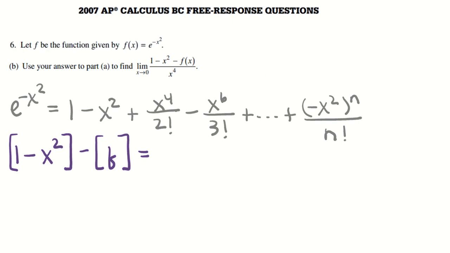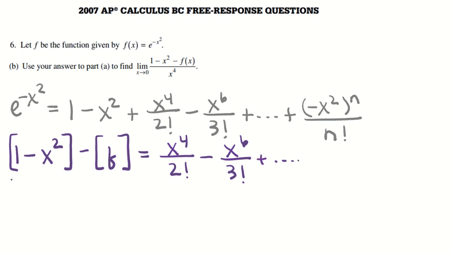Okay, so I'm just going to lose both of those first two terms, right? If I have 1 minus 1 and negative x squared minus negative x squared, those just give me 0. So I'm going to have x to the 4 over 2 factorial minus x to the 6 over 3 factorial, plus a bunch of stuff that's got higher and higher powers of x, right? And that will be important later.